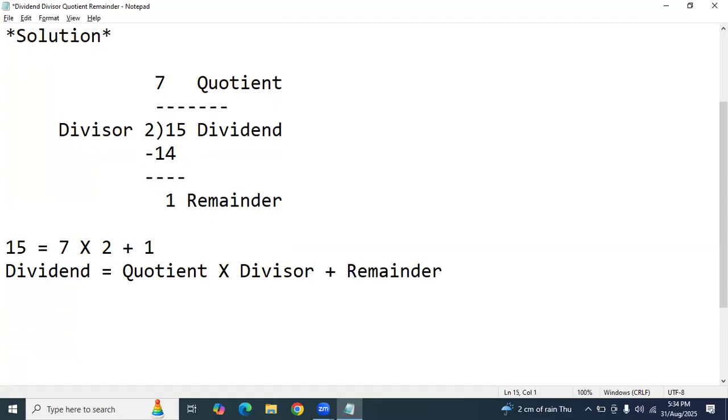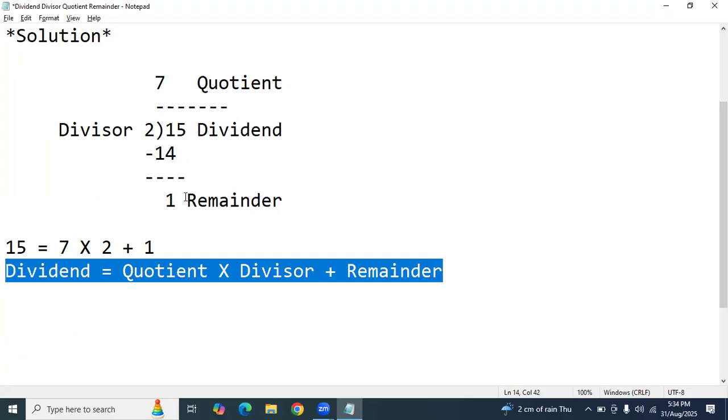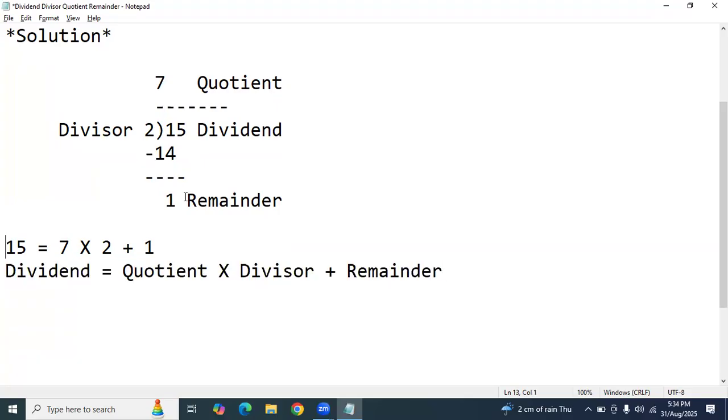At any point of time, we can show the dividend like this: the dividend is equal to the quotient, whatever comes at the top, into the divisor by which we divide, plus the final remainder we have.